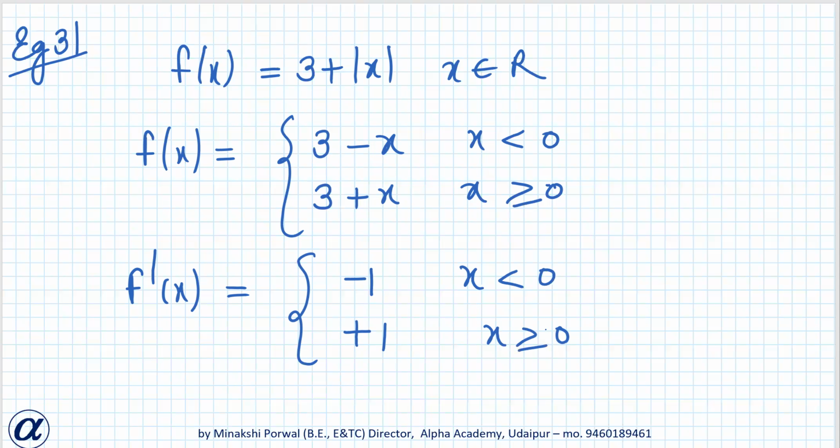So f dash x is less than 0 before 0 basically, and f dash x is greater than 0 after 0.